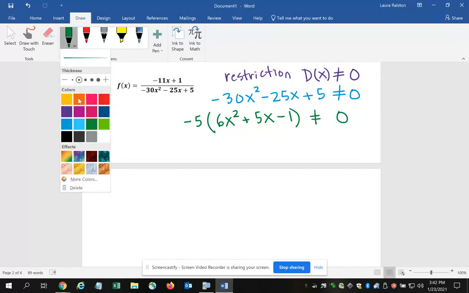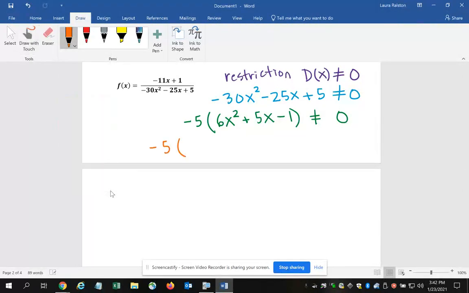I still need to continue my factoring, so I have the negative 5, and then I'm going to break down the quadratic inside. I tend to do it trial and error. I know the two numbers that multiply to 1 is 1 and 1. I need a pair of numbers that will multiply to 6 but subtract to 5.